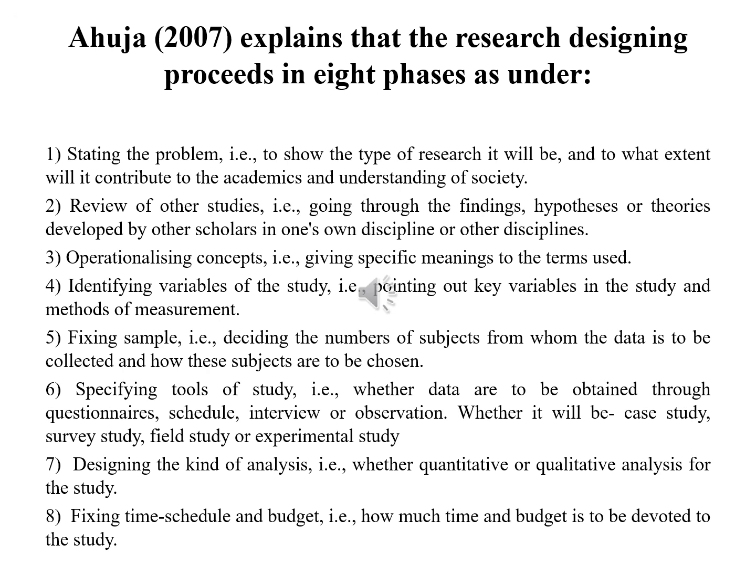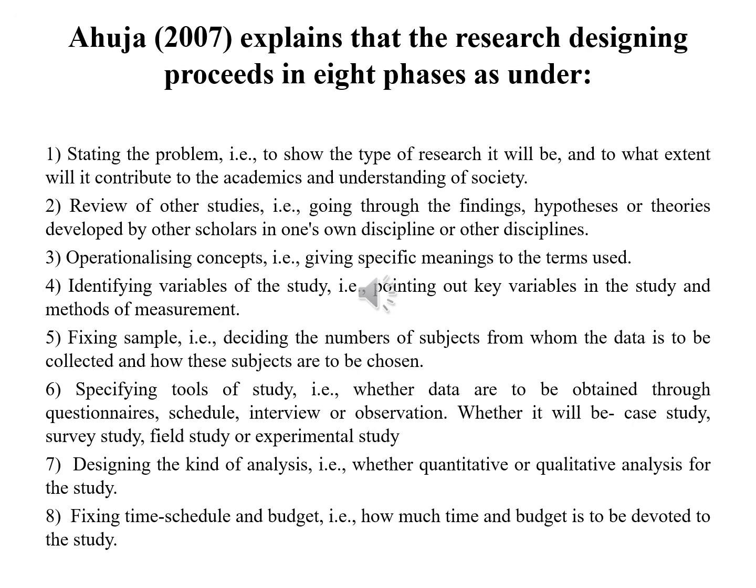Next, we are talking about identify variables, where the researcher needs to decide the main factors to be studied and how to measure them. Then the next step is fix the sample. According to the topic you have taken, you also have to decide how many people will be studied and how they will be selected.